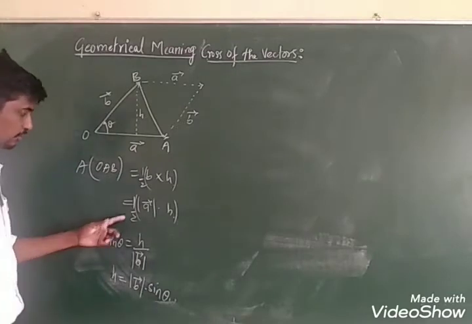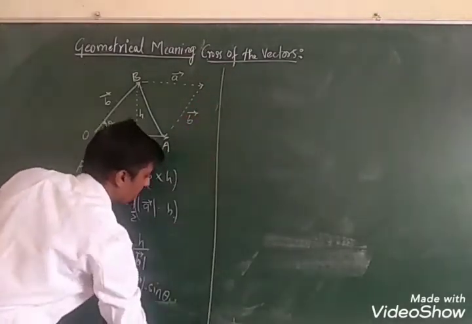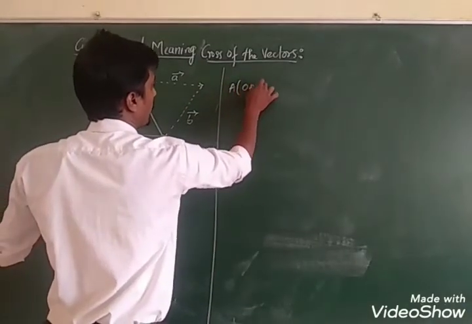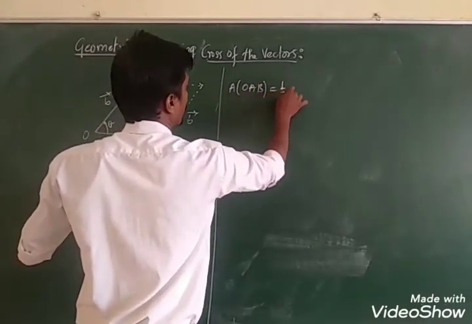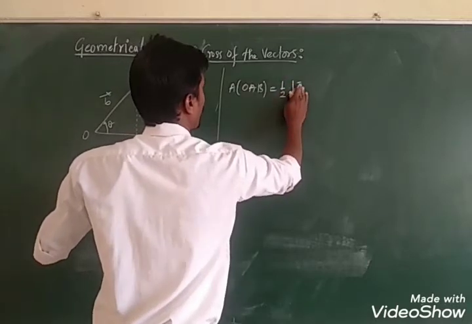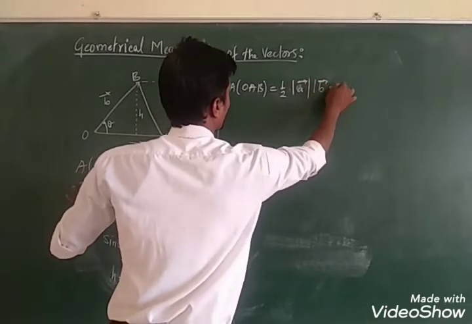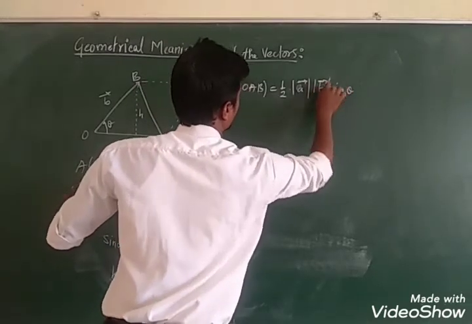Substituting here, the area of triangle OAB is equal to one half the magnitude of A times the magnitude of B times sin theta.